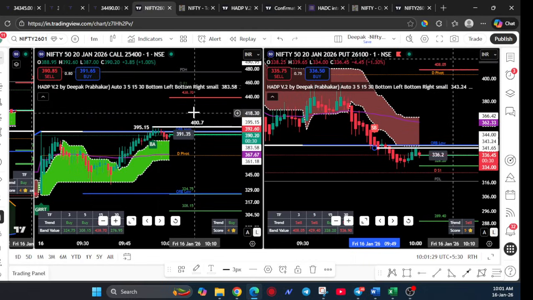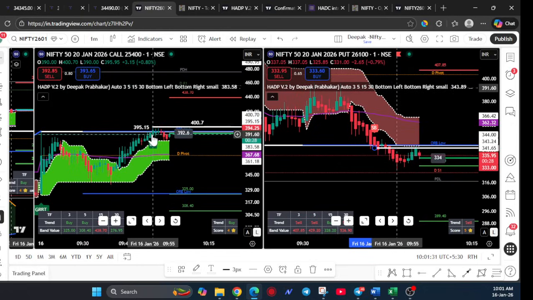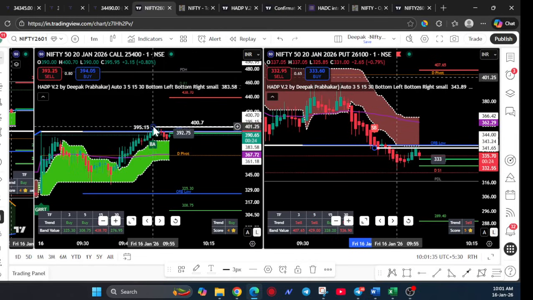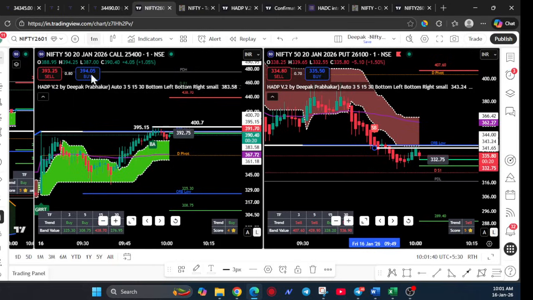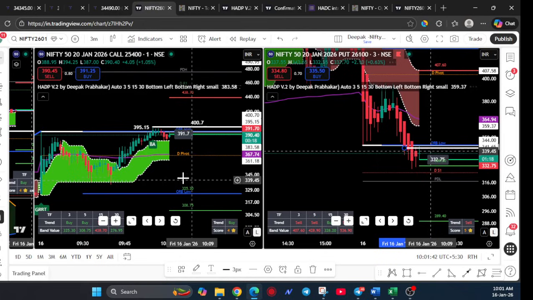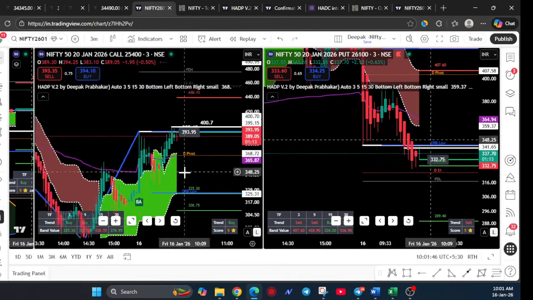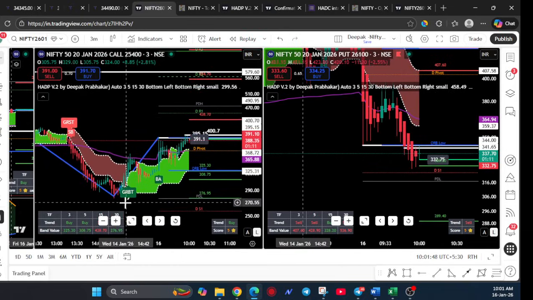That's okay. Let's wait. 3 minutes already, we have already spoken about it many times. 3 minutes it has already crossed the 395.15, but 3 minutes the GRST candle is not today's candle on call. The GRST candle that was printed was the last trading session on 14th.